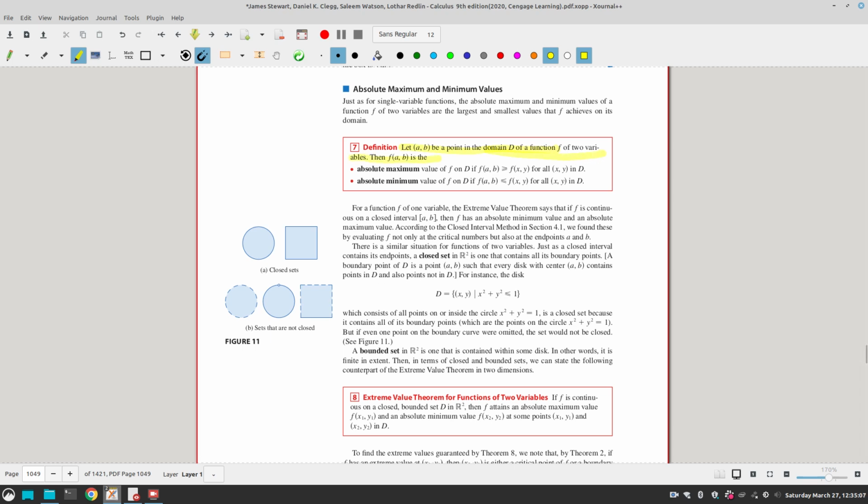Then f of ab is the absolute maximum on D if f of ab is greater than or equal to f of xy for all xy in D, right? And it's an absolute minimum on D if f of ab is less than or equal to f of xy for all xy in D.